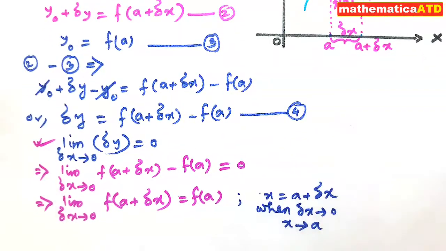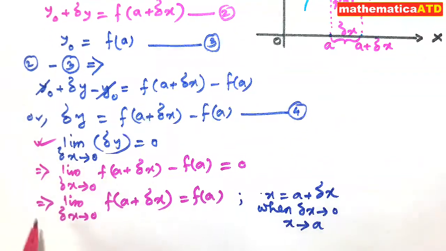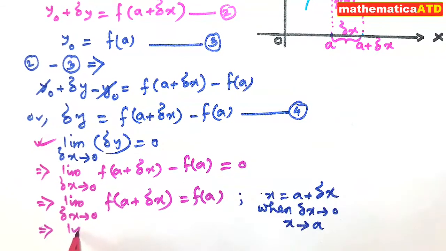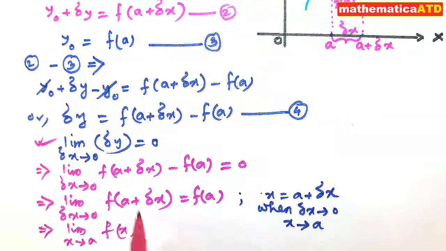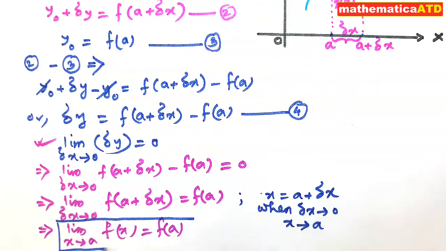So we can now write limit x tends to a of f(x), a plus delta x is equal to x, is equal to f(a). Friends, this is actually the definition of limit x tends to a of f(x) is equal to f(a).